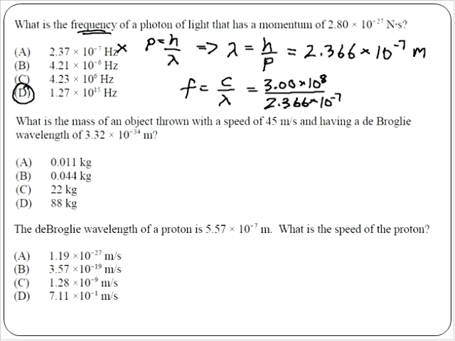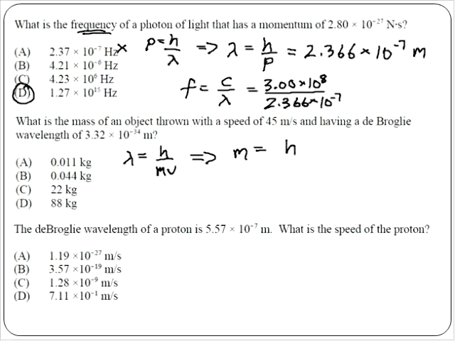Next one, the mass of an object thrown with a speed of 45 meters per second. Well, again, it's de Broglie wavelength, so the formula is this. There's the de Broglie wavelength equation. We rearrange it so that we have mass equals, and we can swap the wavelength and the mass, right? Top and bottom.